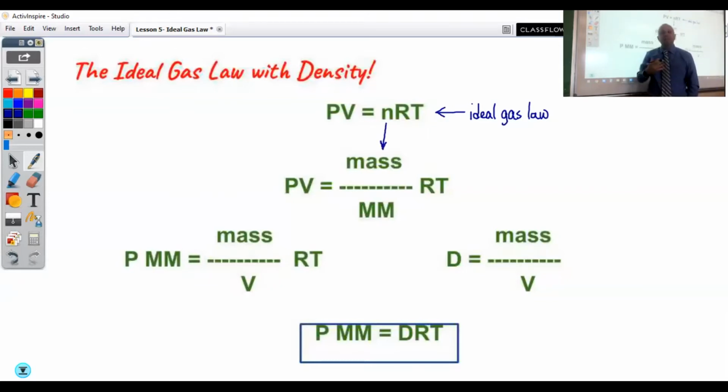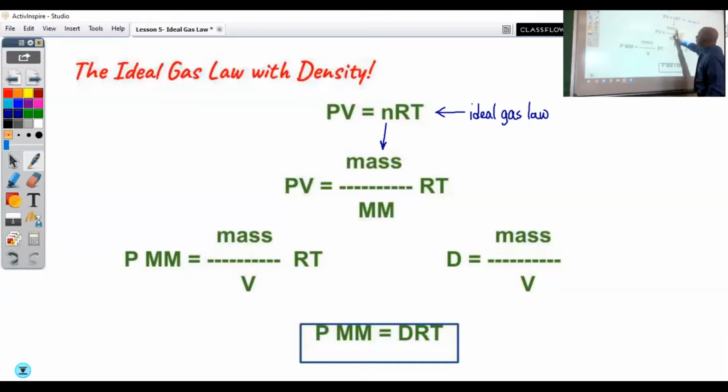If you remember, n stands for our number of moles. So moles really is mass divided by molar mass. So if we're trying to figure out the number of moles, we would take the mass of something and divide it by its molar mass, or its mass off of the periodic table.